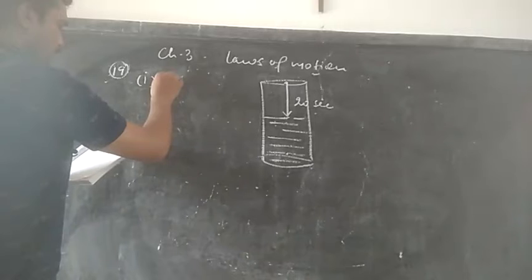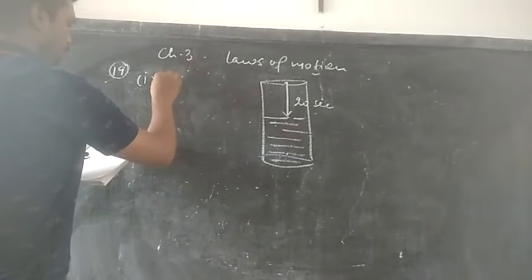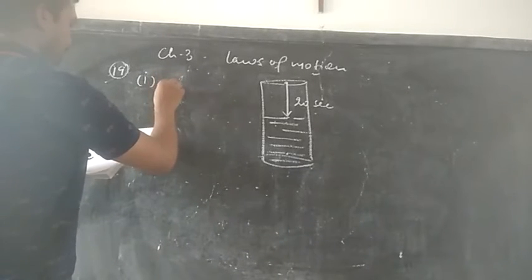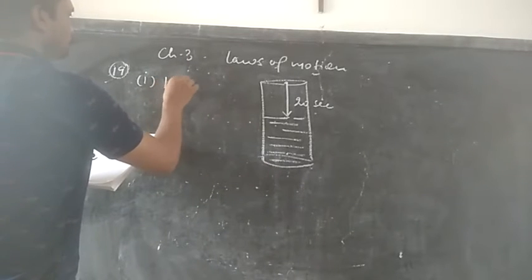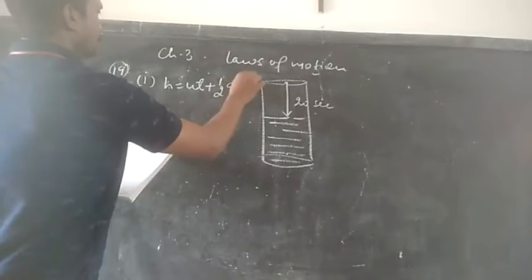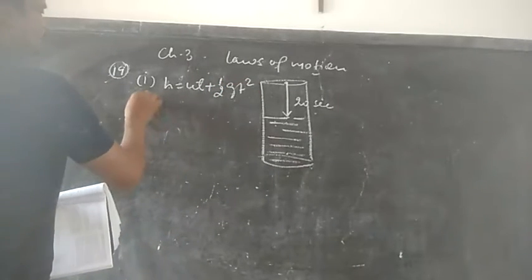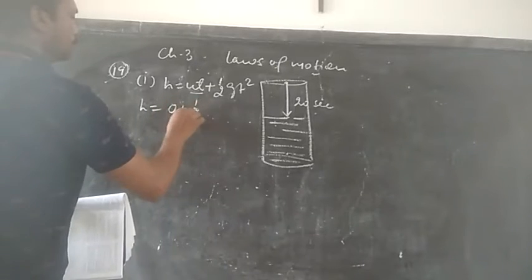We use the formula h is equal to ut plus half gt square, where the initial velocity is 0, so that term becomes 0.